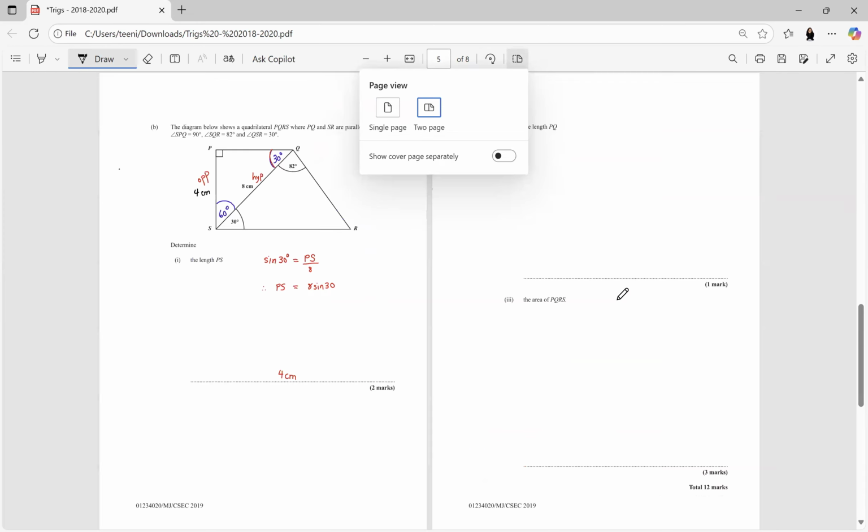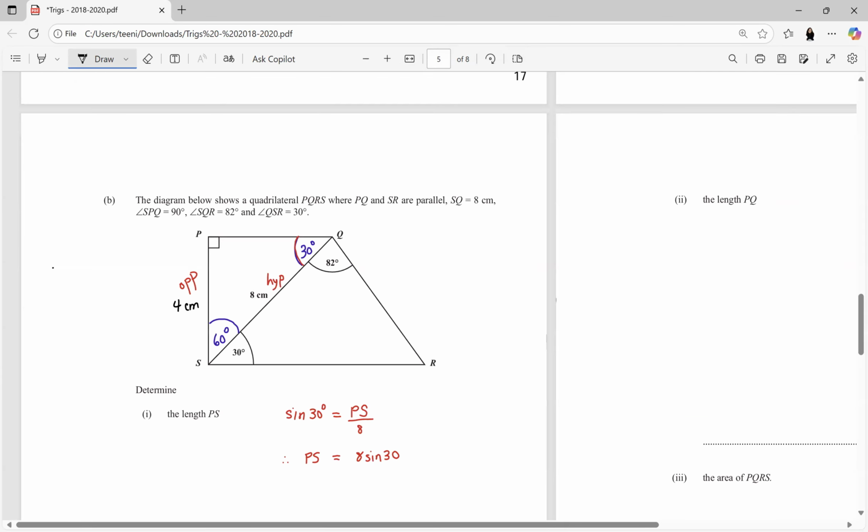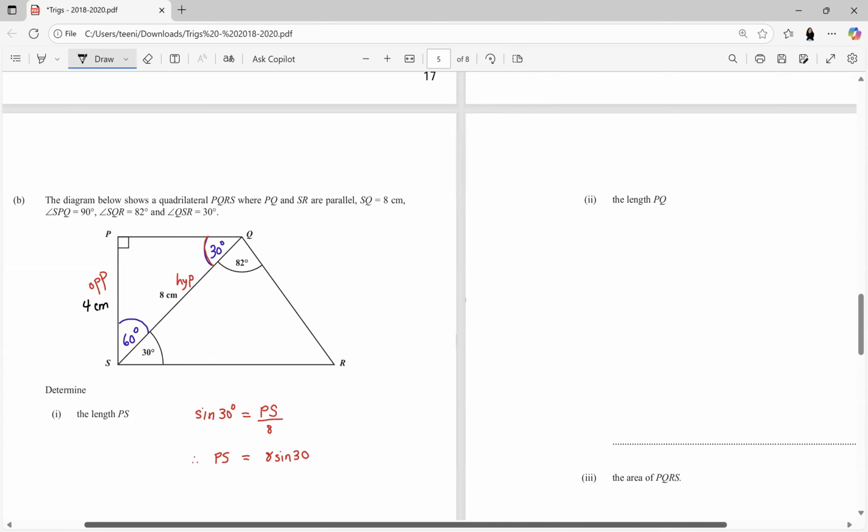Now, by Pythagoras' theorem, the square of the hypotenuse is equal to the sum of the squares of the other two sides.